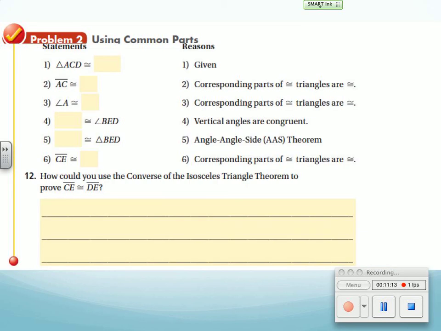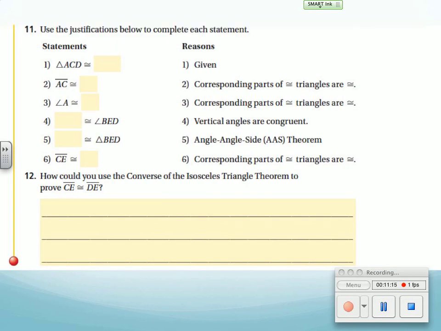So here we go. First thing we're going to do is triangle ACD is congruent to triangle BDC. That's given. So now we can use CPCTC to say that segment AC is congruent to segment BD. We know that angle A is congruent to angle B by corresponding parts of congruent triangles are congruent.